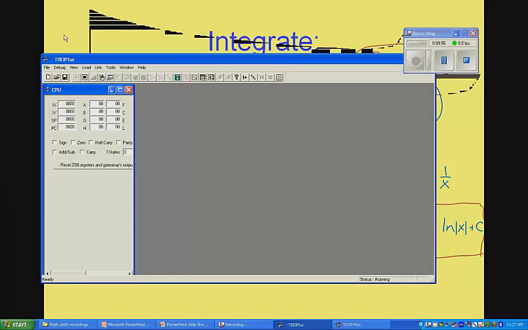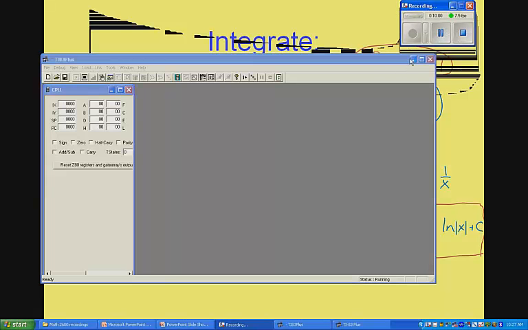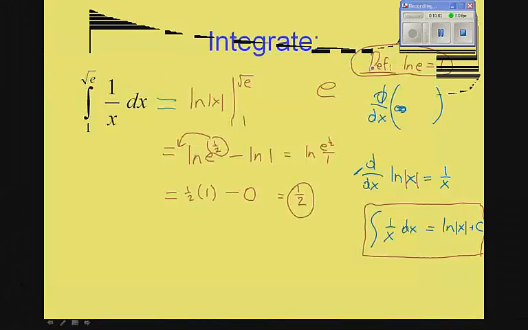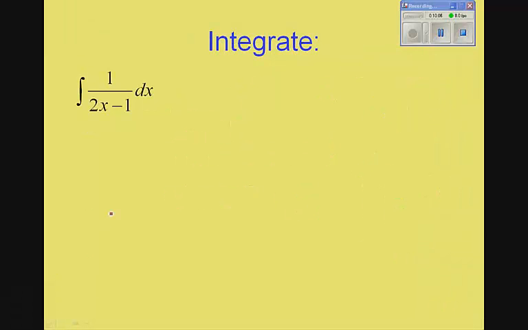All right, put that away for a little bit. We're trying to integrate this guy. So here's an indefinite integral if you want. So what's the technique?